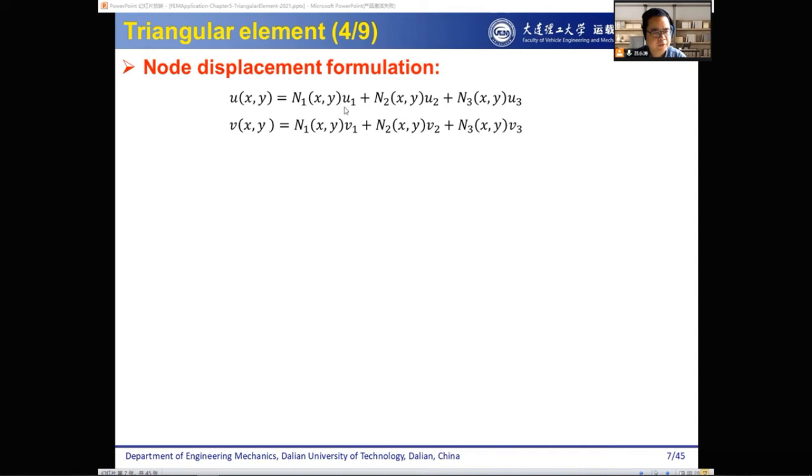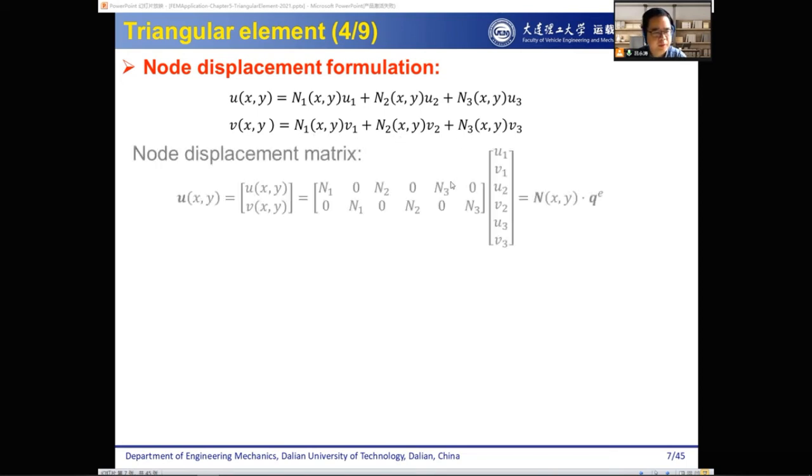The coefficient of u1 is the shape function N1, the coefficient of u2 is the shape function N2, and the coefficient of u3 is the shape function N3. Similarly here are N1, N2, N3.